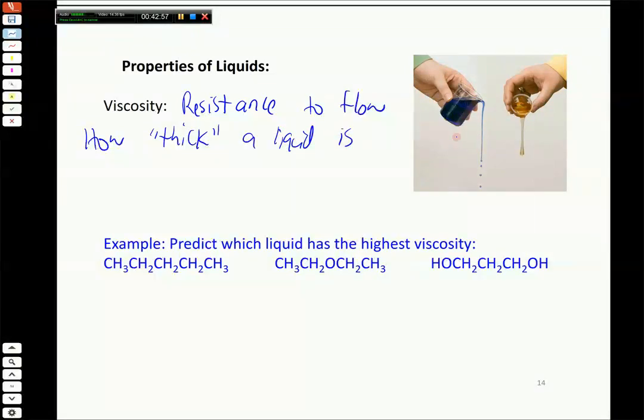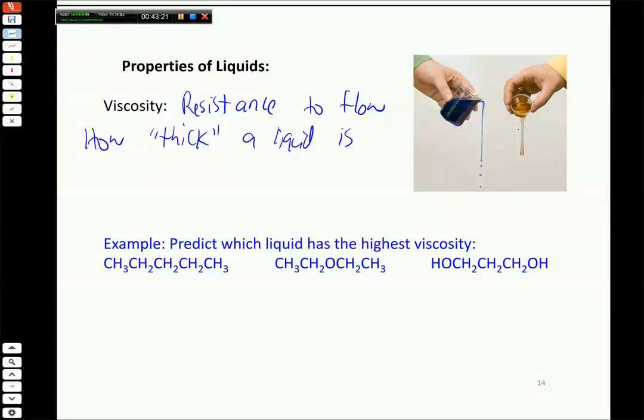In this blue container, which is just dyed water, we know that water is very easy to pour. If you turn over a glass of water, it's going to pour out very fast, whereas other really thick liquids like motor oil, if you try to pour those out, it's a much slower process, so it has higher viscosity.